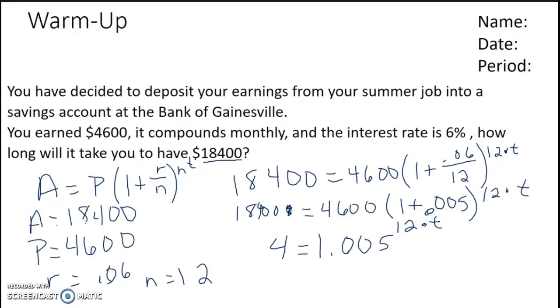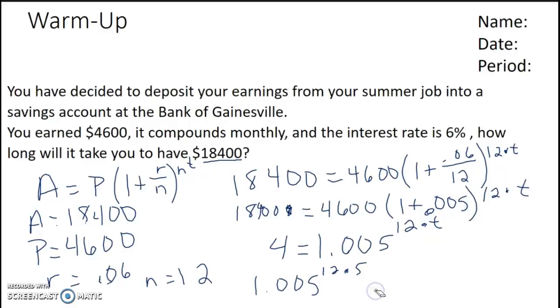So let's say we'll try 5. 1.005 to the 12 times 5th power gives me like 1.34. Okay, so definitely not that guy. I'm going to erase because I need some more space.